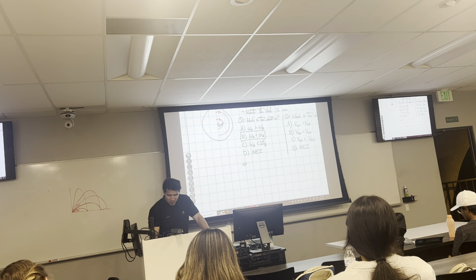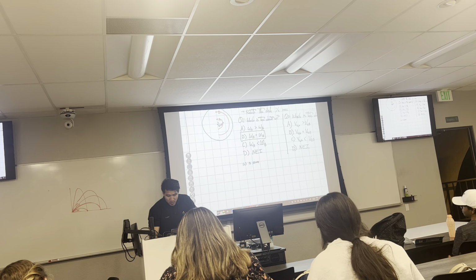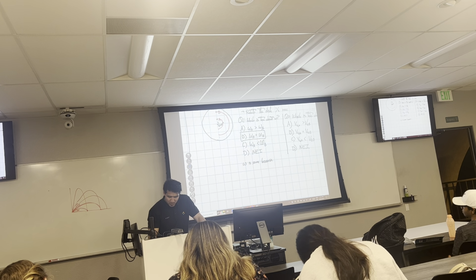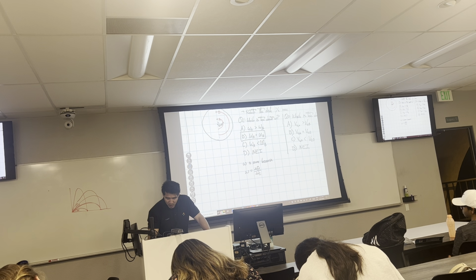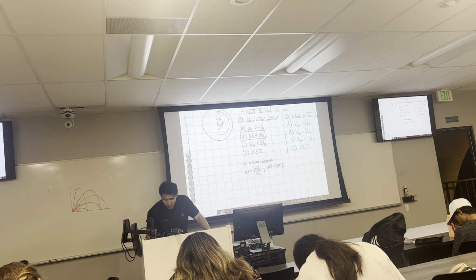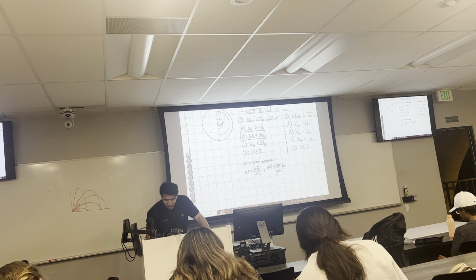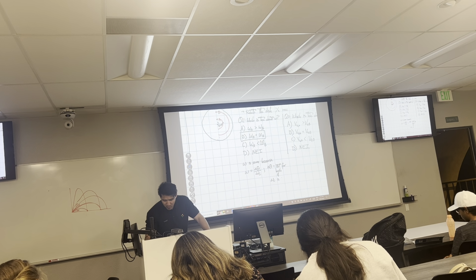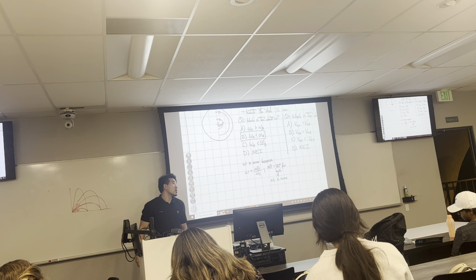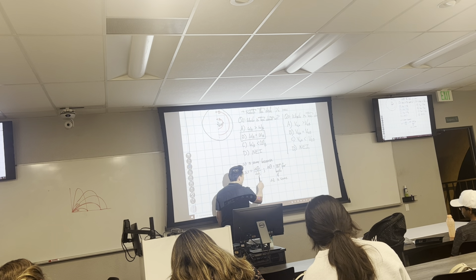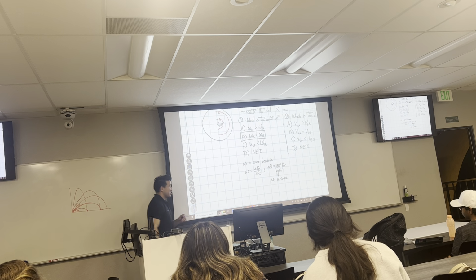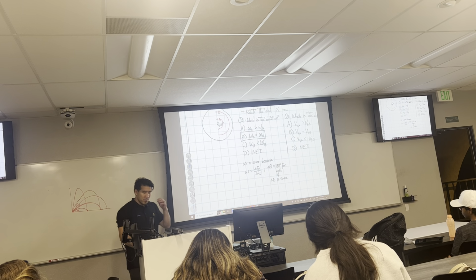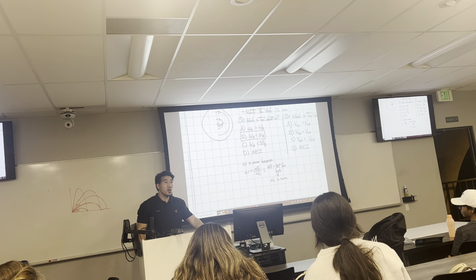So omega is the same because omega is equal to delta theta over delta t, and delta theta is equal to 180 degrees for both, and delta t is the same for both. So if the numerator and the denominator are the same, then the omega is the same. So the omegas are the same.